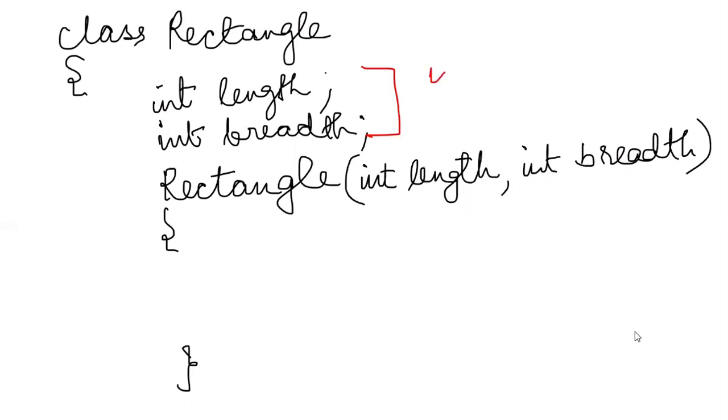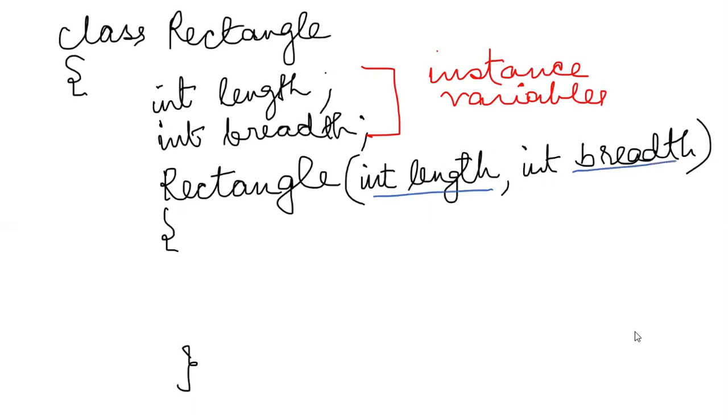So these are your instance variables. Two instance variables, length and breadth. And at the same time, we also have two parameters here, length and breadth.